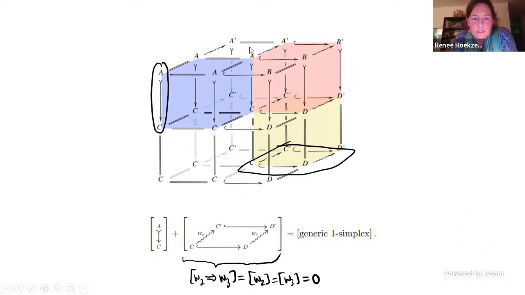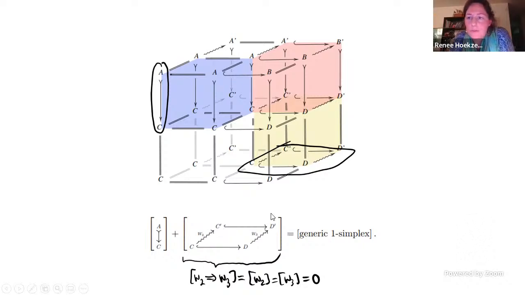And what is this relation? Well, it says that the blue cube, which is A going vertically to C, plus the yellow cube, which is generated by this horizontal square, is the same as the whole cube, but that is the same as this red cube. So it's the generic one.